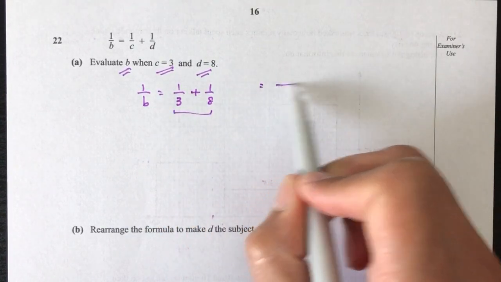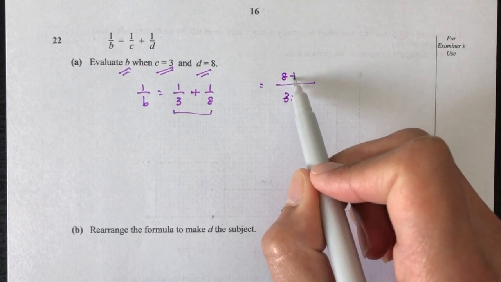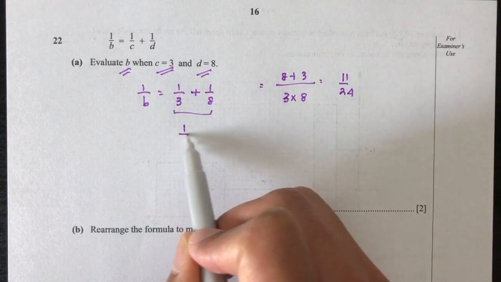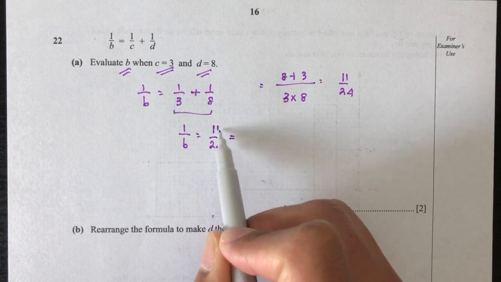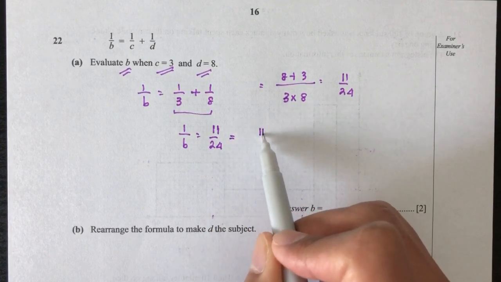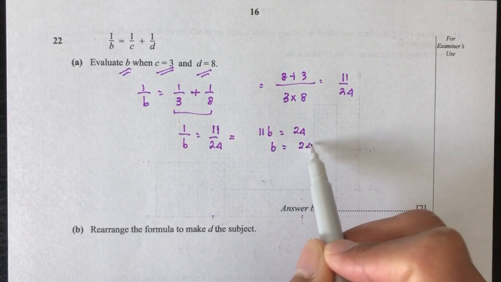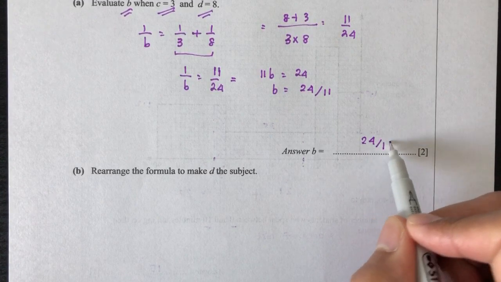Find the LCM, 3 times 8, cross multiply, 8 plus 3. That will be 11 over 24. So here we have 11 over 24. So we just have to cross multiply. We have 11b equal to 24. So b equals 24 over 11. That will be your answer for part A.